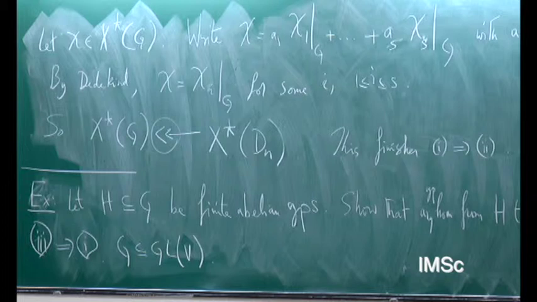Now I know that every rational representation is a direct sum of one-dimensional representations. This V I think of as a rational representation of G. It is a direct sum of one-dimensional representations, which means that there are common eigenvectors for all elements of G.